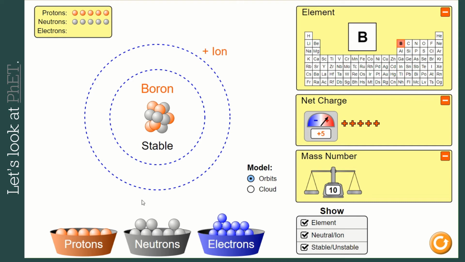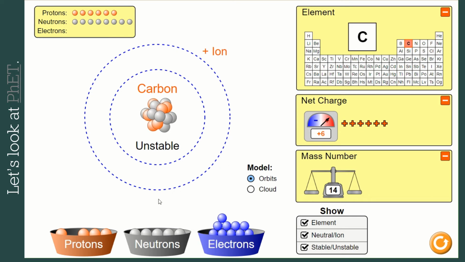You see our ratio up here? What if I add another neutron? Still stable. What if I add another one? Oh no, now it's unstable. So we add a proton. This is carbon, right? So let's add a neutron. Now it's unstable. So let's add a proton, and let's add another proton to make it 1-to-1. So this is oxygen.